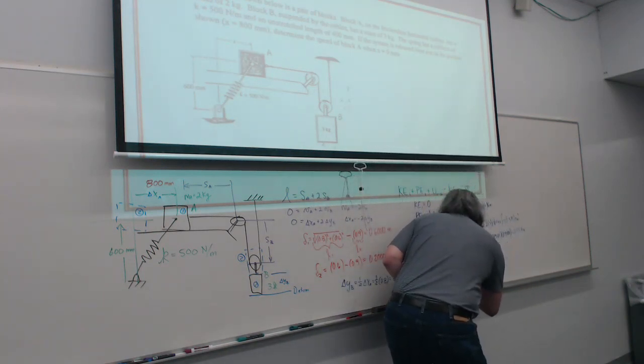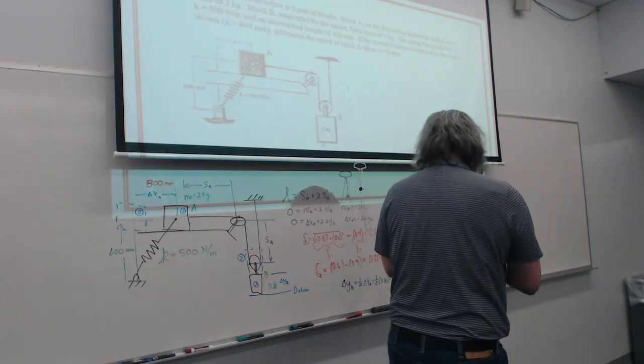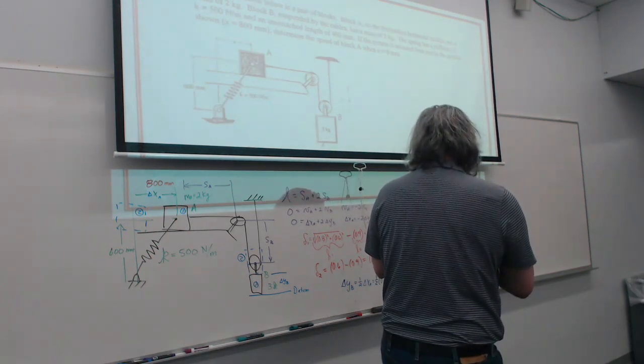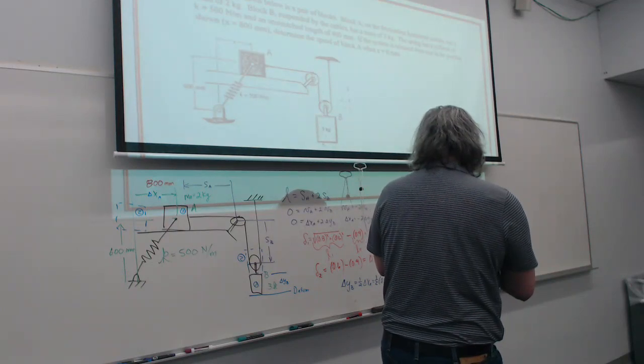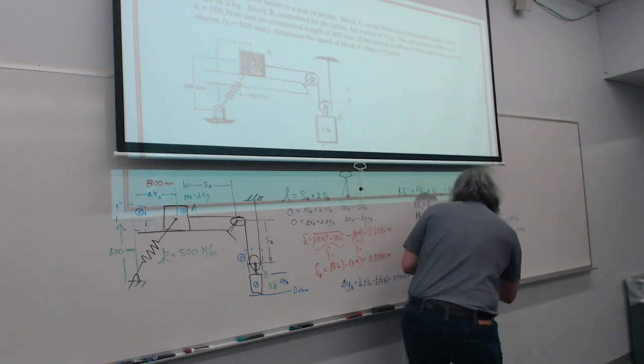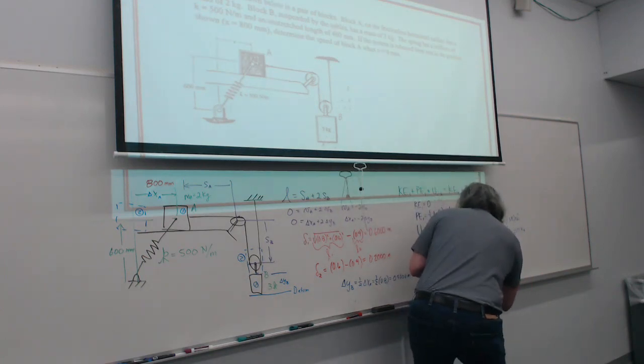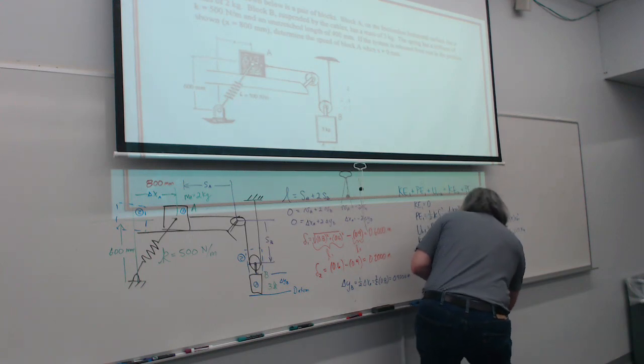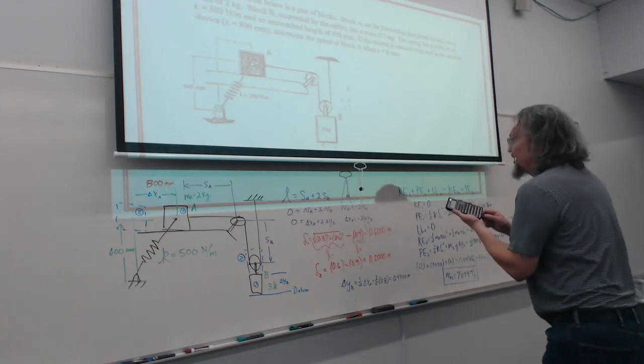But we can get VA2: we'll subtract from 90, divide by 1.375, and take the square root. And we're predicting this is going to be 7.044 meters per second. They ask for speed, so you don't need to make it a vector.